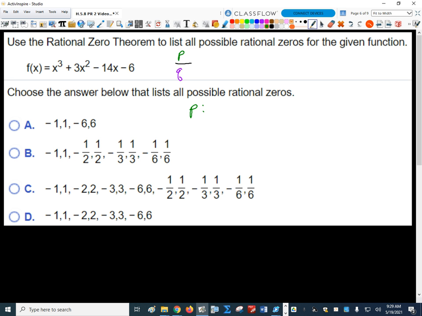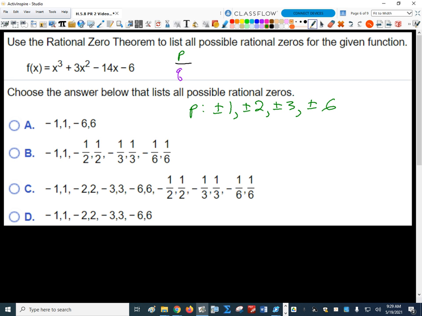Constant or the leading coefficient? Constant. Okay, so the P, what are the factors of -6? You don't even have to include the negative sign because we're going to always include the positive and the negative. So aren't we going to get plus or minus 1? Keep going. Plus or minus 2, plus or minus 3, plus or minus 6, okay?